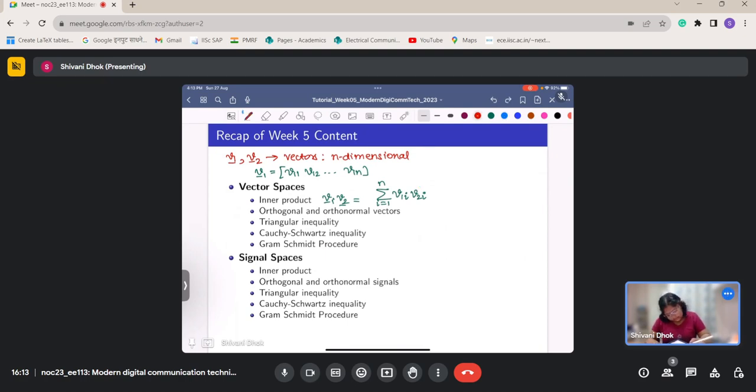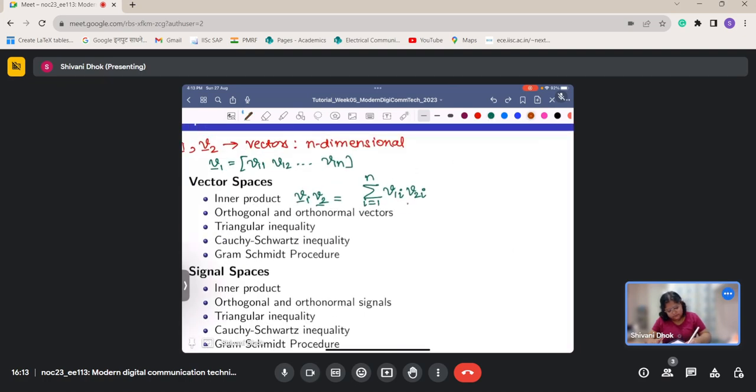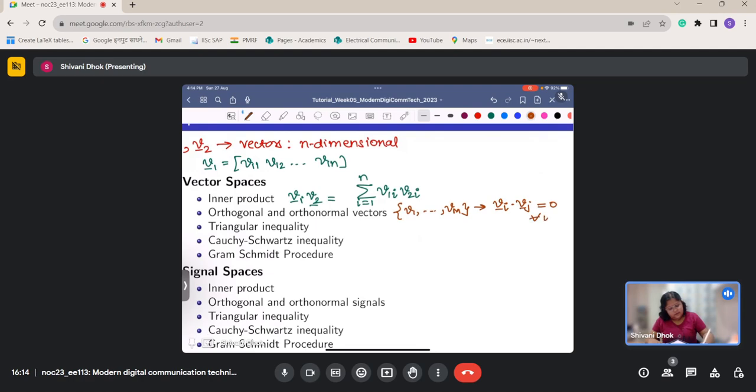After that, orthogonal and orthonormal vectors are considered. Suppose I have a collection of vectors, let's say v1 till vm. Then these are orthogonal if vi dot vj is equal to 0 for all i not equal to j.